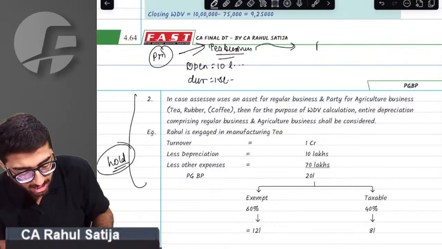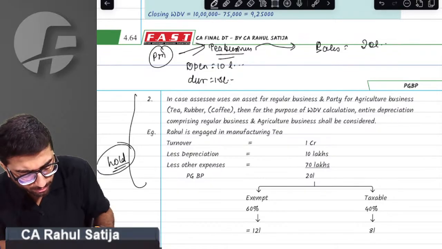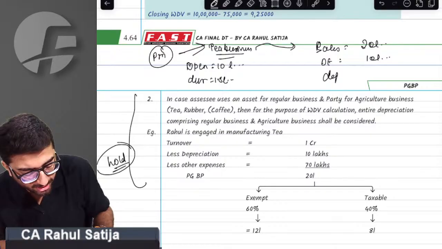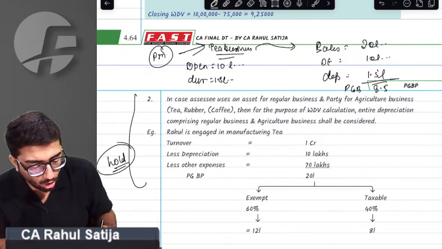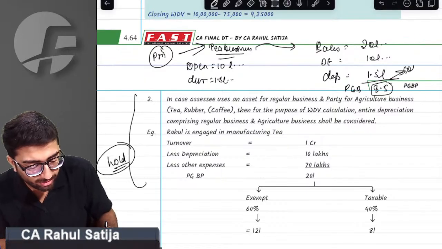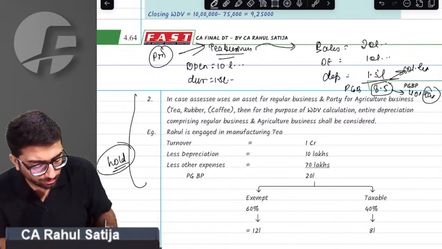In this tea business, our sales are 20 lakh, direct expenses are 10 lakh, and depreciation is 1.5 lakh. All in all, our PGBP turns out to be 8.5 lakh. Of this 8.5 lakh, 60% will become exempt and 40% will become taxable.